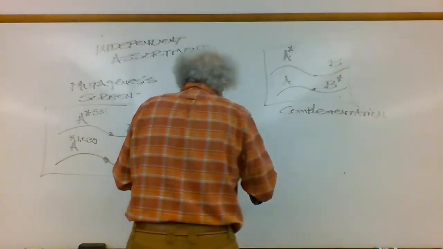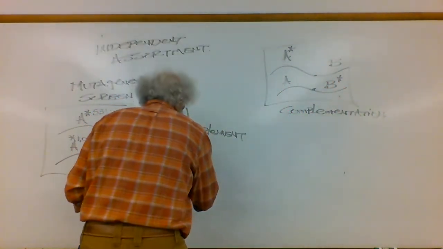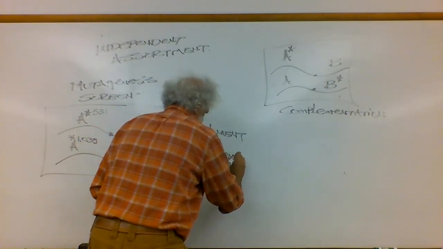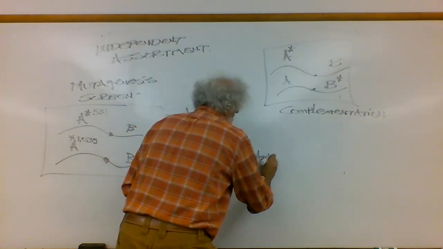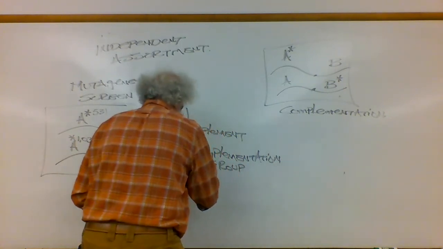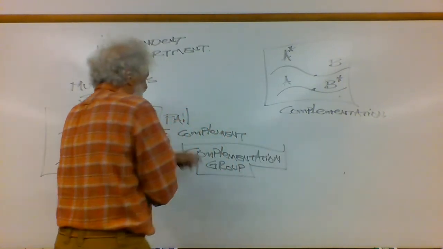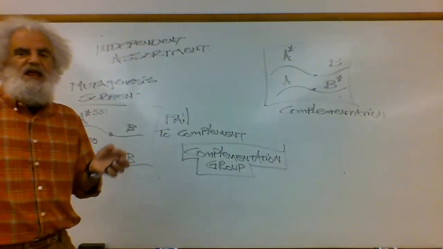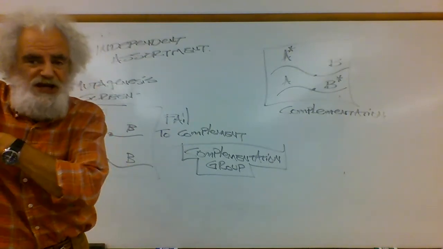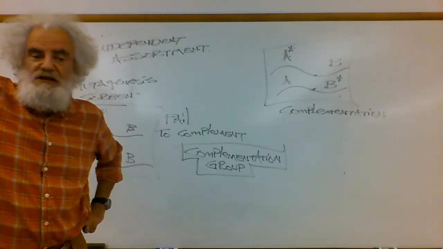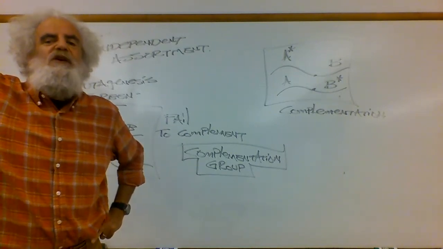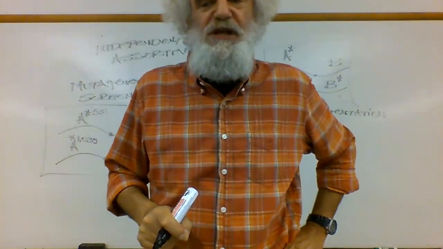And so, in a sense, a complementation group is a group of mutations that fail to complement, meaning that they're mutations in the same gene, independently developed mutations in the same gene. And one of the ways you can begin to ask the question, how many lethal genes are there in my organism, is to ask, how many complementation groups can you get?